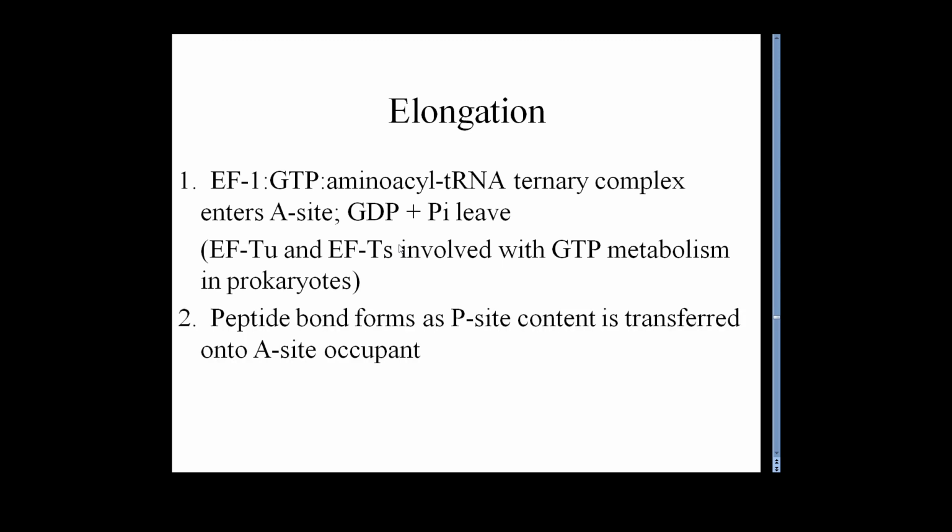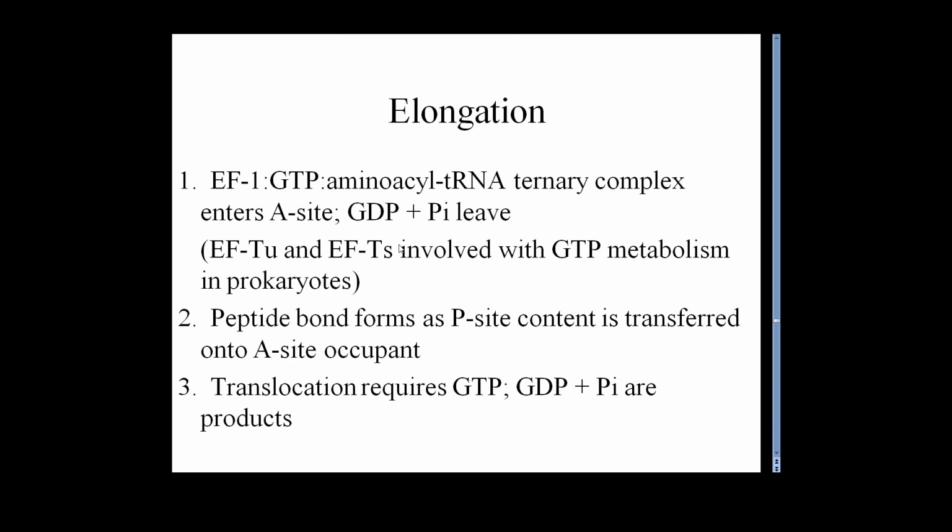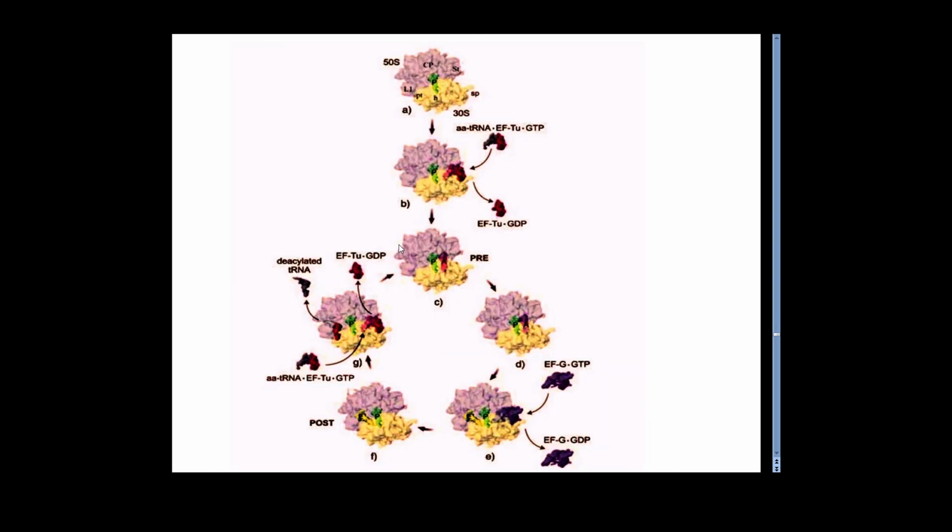And the peptide bond will be formed when the P site is bound with the next amino acid. And for translocation, GTP is necessary, the next one. In the peptidyl site is bound the initial codon, and the A site will be free.